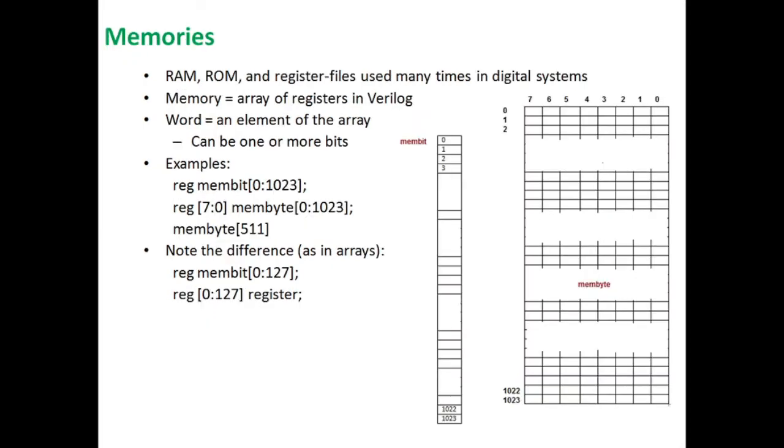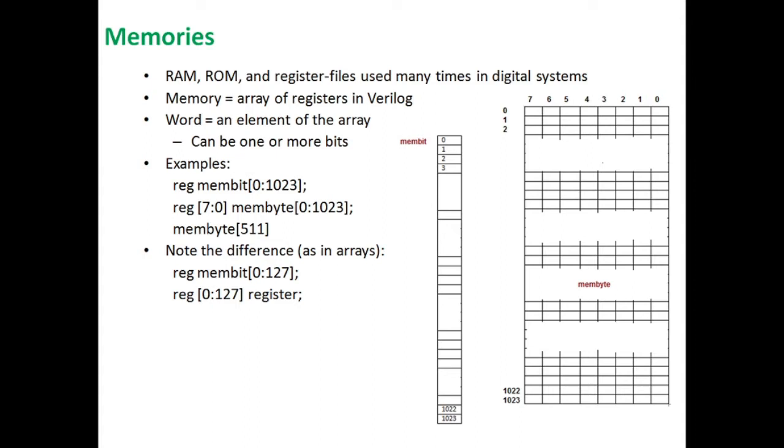But coming to our memory, I also mentioned a point that each element of the array is an element. If that element has a multiple bit width, I am going to use the word from now onwards.